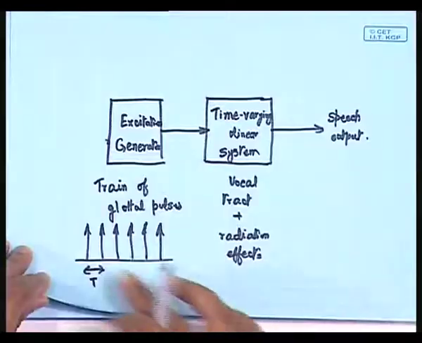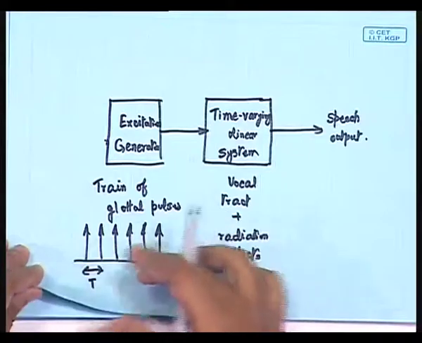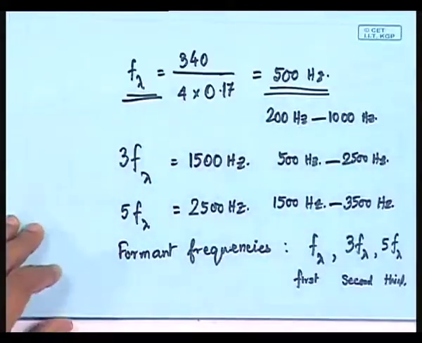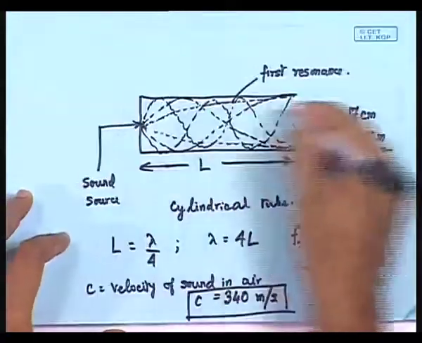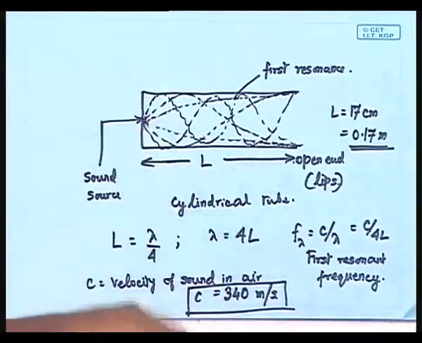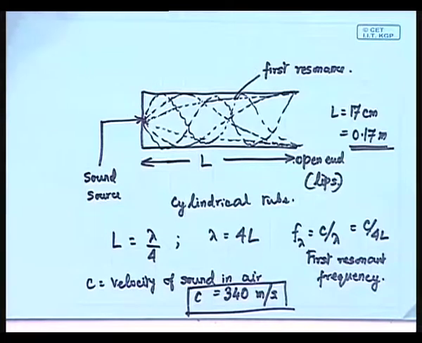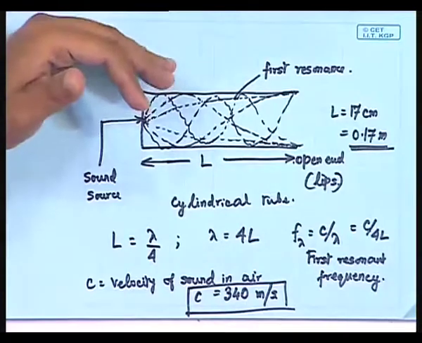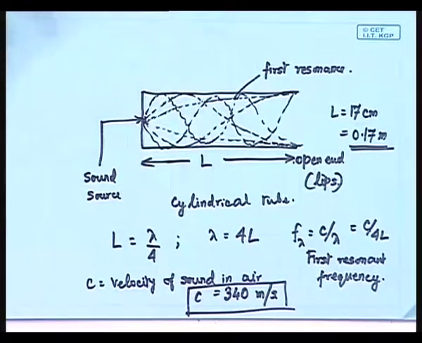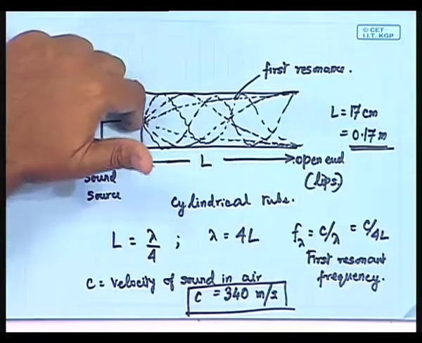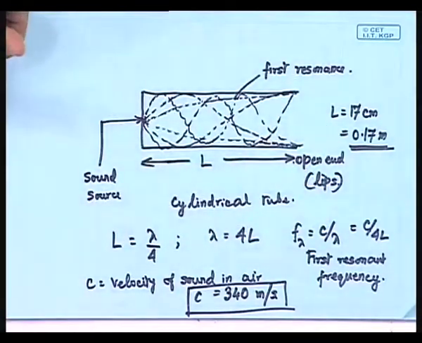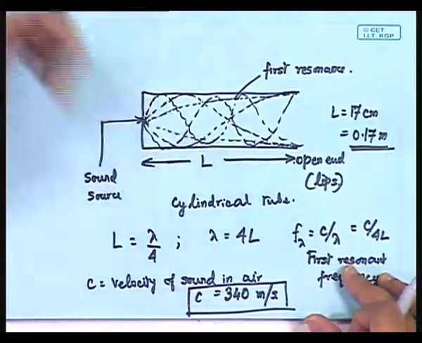See, here we are having a source of excitation, but the excitation is actually taking place in the vocal tract, which in a very crude sense, of course it is not a very good model, but in a very crude way we can say, assuming it to be an open-ended model of an organ pipe, where at this end you are producing the sound source and here you are having the lips end.